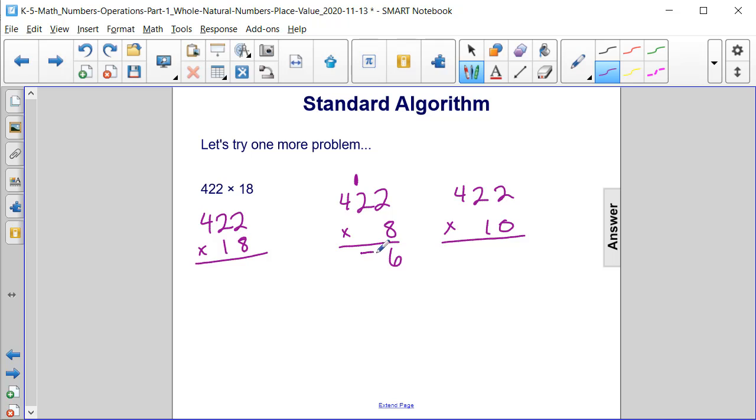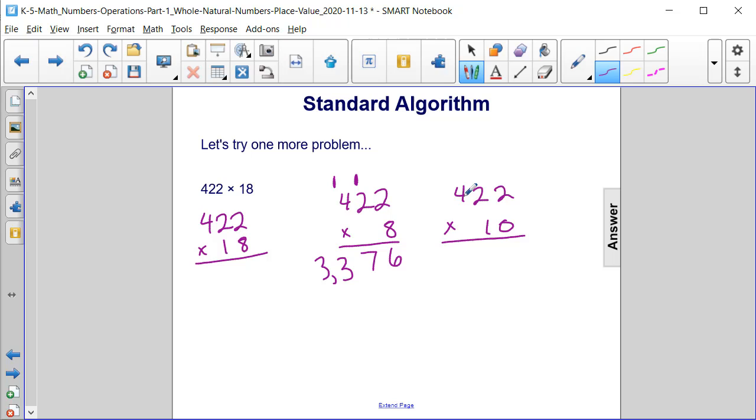So we can put the 7 down from the tens column and carry the 100 over top of the 4 for 400. So now we have 400 times 8, which is 3,200, plus another 100 is 3,300.